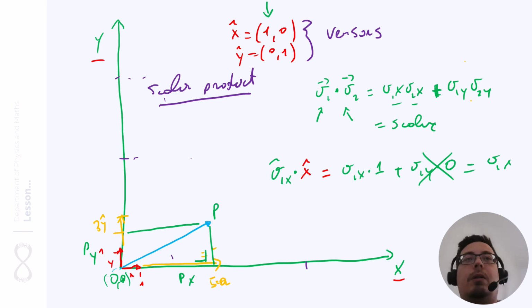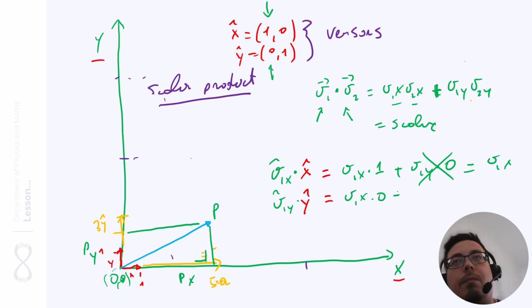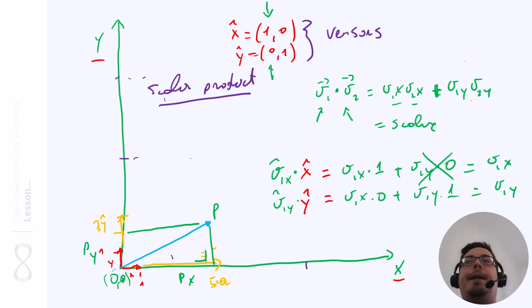And this is the component of the vector in the x direction. If we do the same with v1y times y, we take the other component, because in this case v1x is multiplied by 0, the versor component, but the other component is 1. So we get v1y. And this is a nice way to extract the component of a vector.